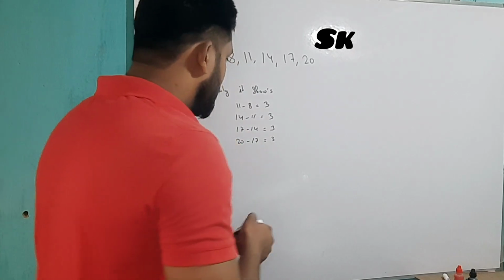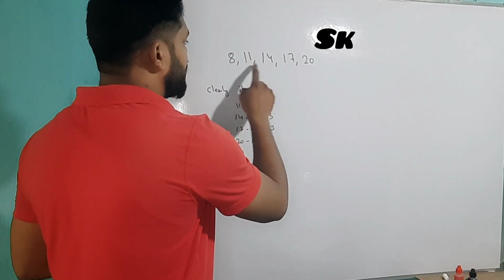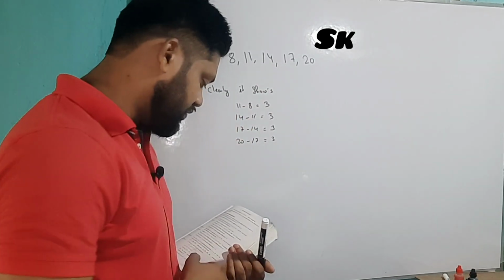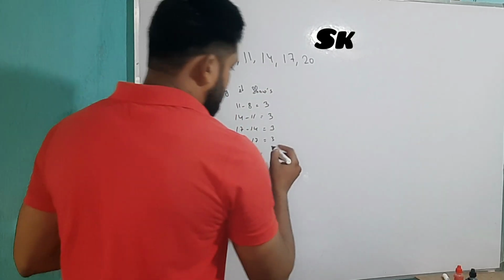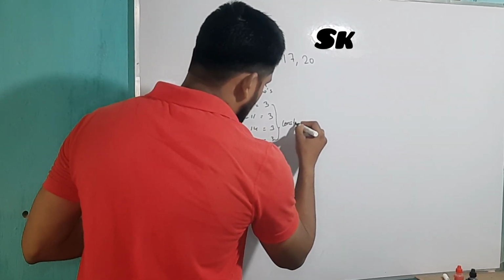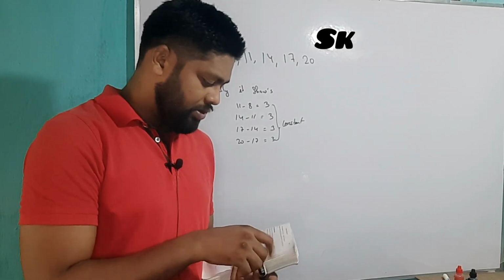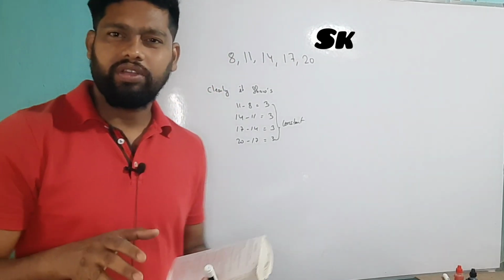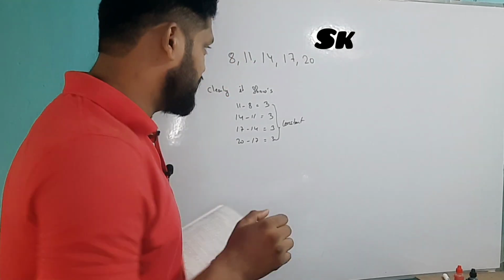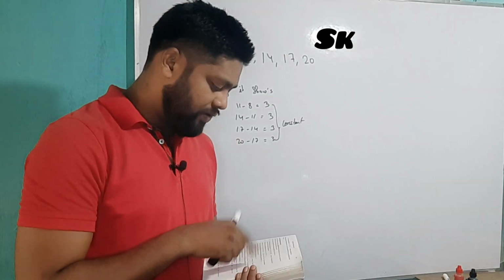So see, in each and every place, when I subtract the first term from the second term, I am getting 3 as a constant value. It's not changing. The values are not changing. If the value is not changing, it means the given terms are in AP. That's what we need to identify: the difference between the terms should be constant, then we can say they are in AP.